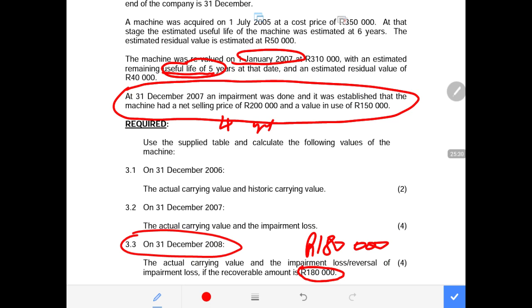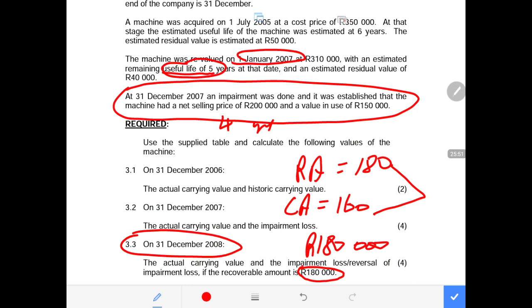Now in this case, what are we doing? We are comparing the carrying amount, which is 160,000, with the recoverable amount, which is 180,000. And when we test for impairment here, there is no impairment, but there will be a reversal of the impairment of the previous year.